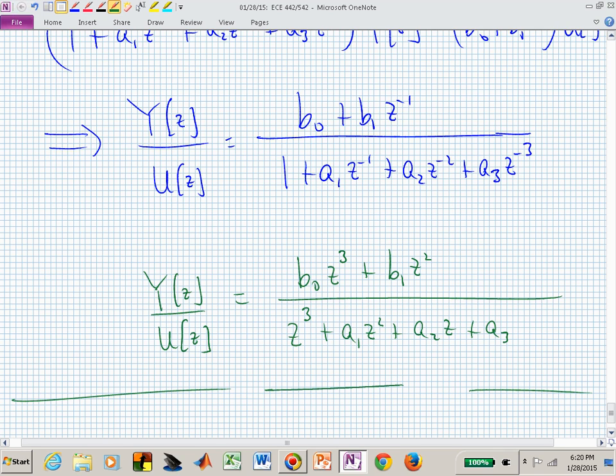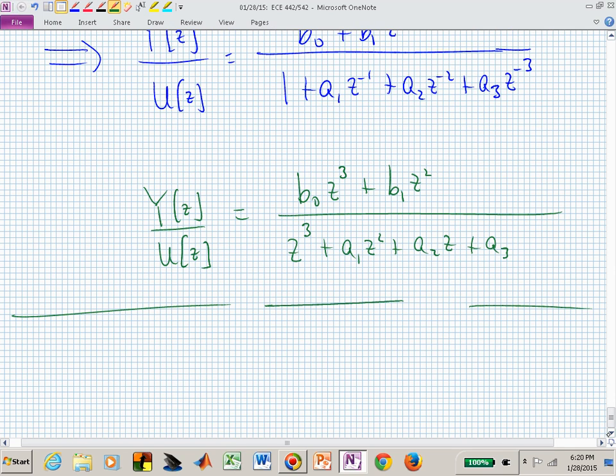Questions on that? And now you should be able to go the other way. If I gave you this transfer function, could you generate a difference equation in the time domain? If I gave you the bottom, green, you might actually want to factor out a z cubed from the denominator and the numerator to get your things in terms of z to the minus 1.